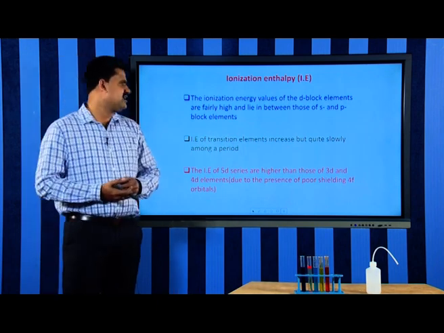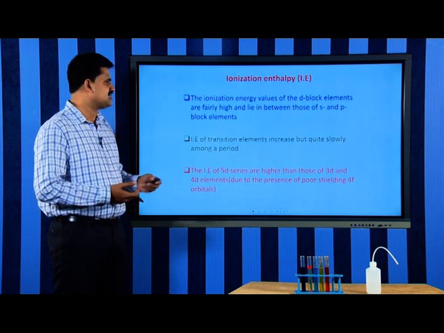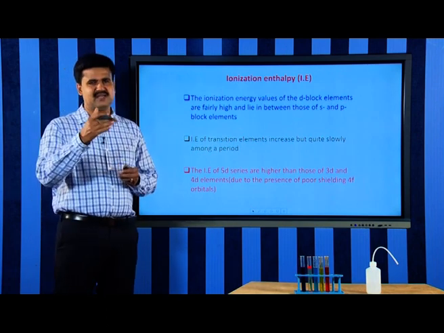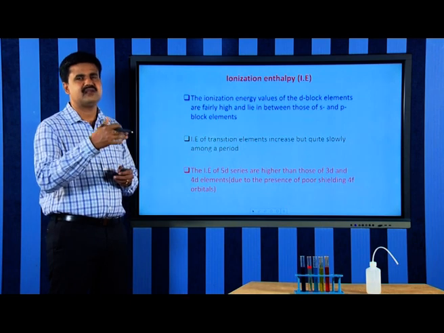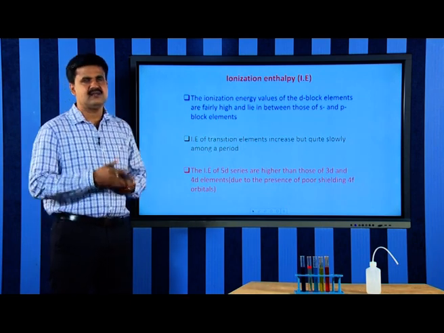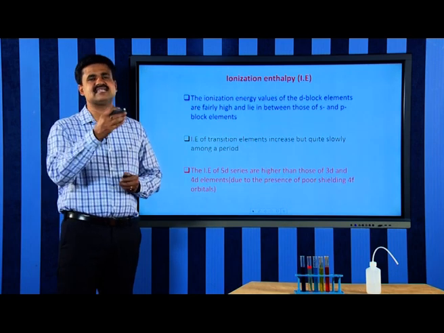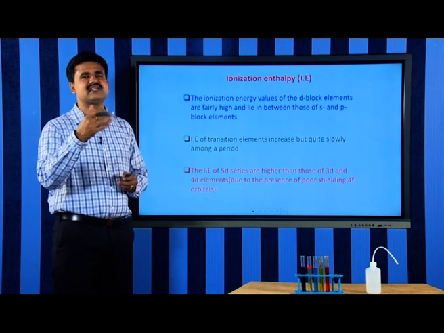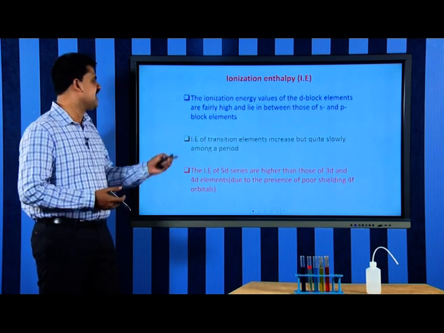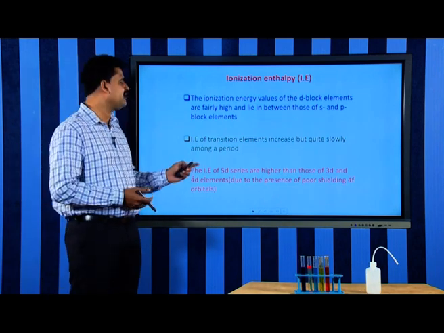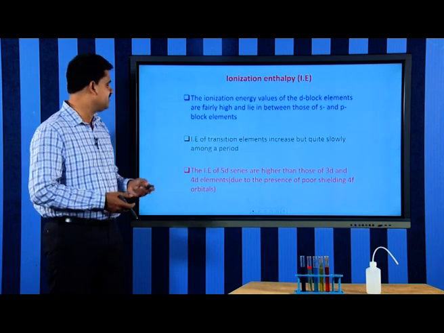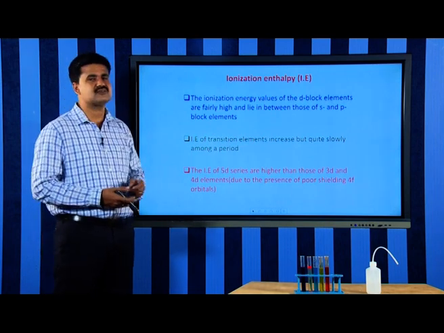The ionization enthalpy of transition elements increases, but very gradually, from left to right across a period. The reason is that from left to right across a period, there is a decrease in the size of the atom, or decrease in atomic radii. The ionization enthalpy of the 5d series is higher than that of the 3d and 4d series of elements.